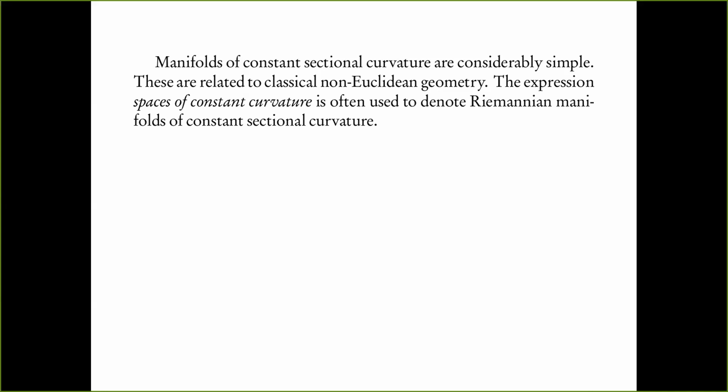Whenever somebody says constant curvature, as I mentioned at the very outset, they mean constant sectional curvature. If they mean constant Ricci or constant scalar curvature, they'll precisely mention those words. Otherwise, constant curvature means Riemannian manifolds of constant sectional curvature, and we are going to use this term for the subsequent slides.